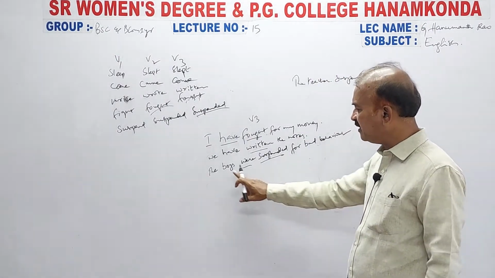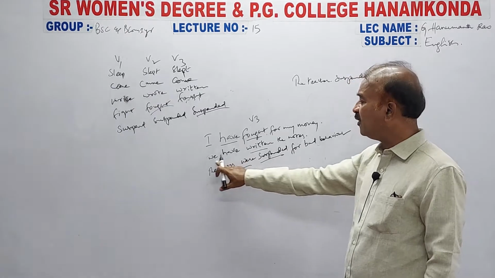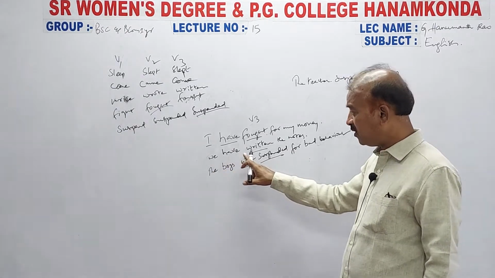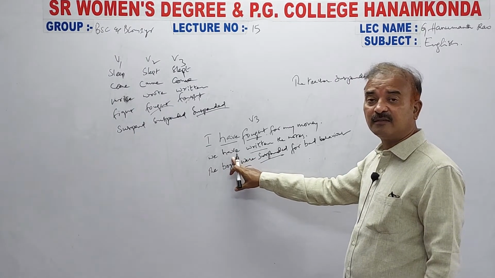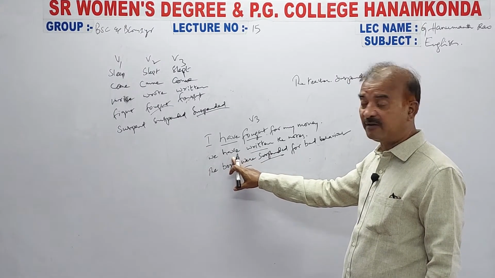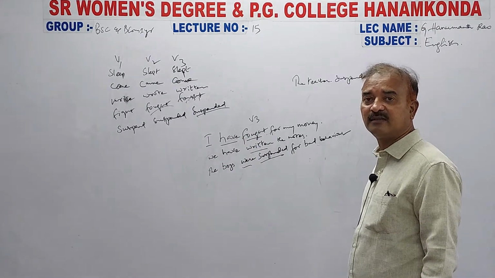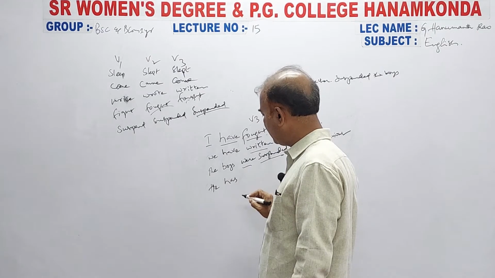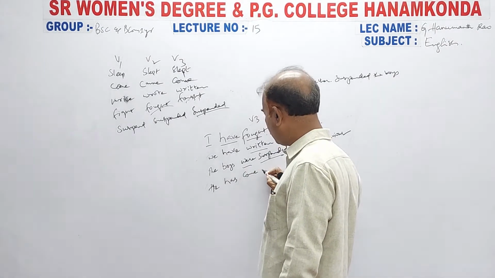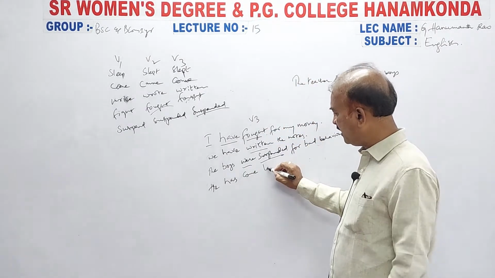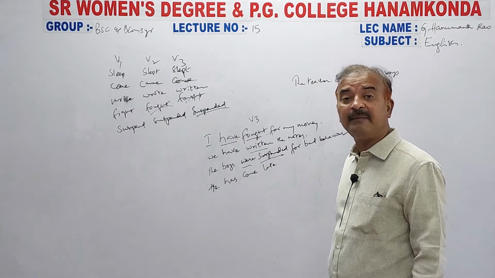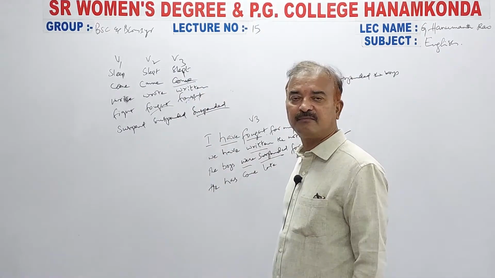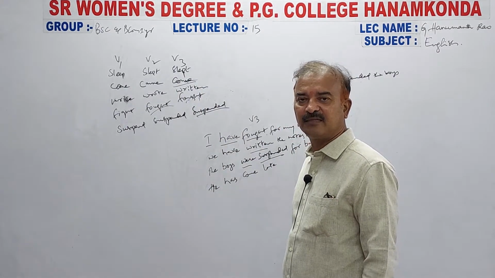But here, check this one. The boys, this is the noun, were suspended. We, this is the, what is this? Third person plural. Okay, we have. This is the perfect tense. And we have another one. For example, he has come late. He has come late. Check this one. C-O-M-E, come.